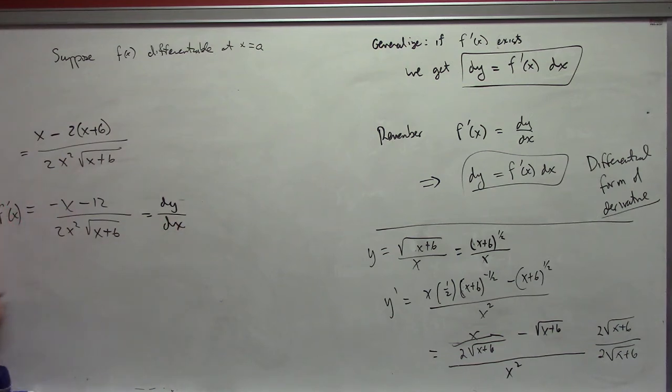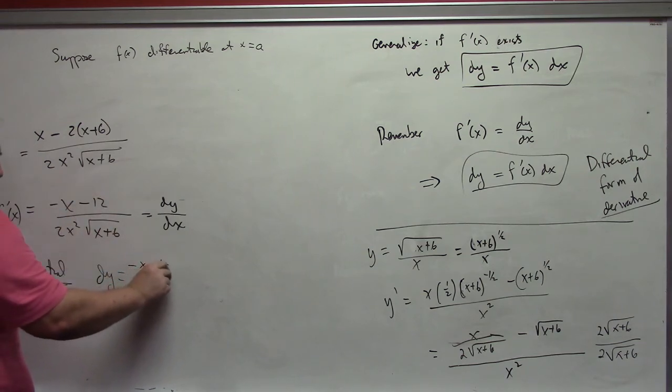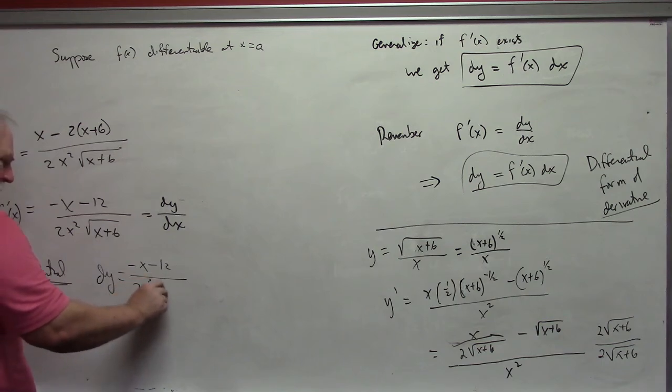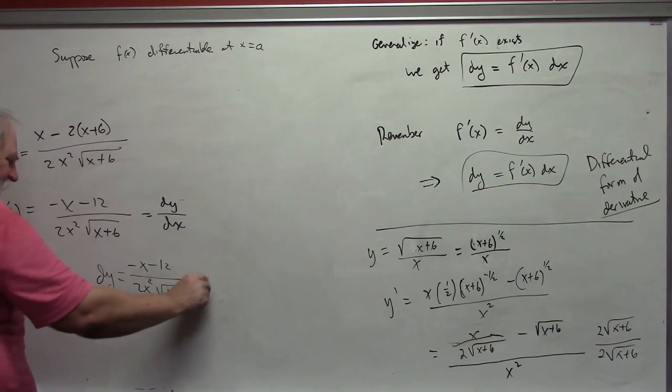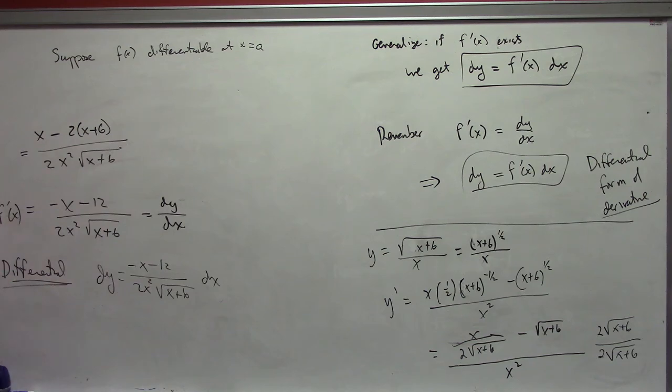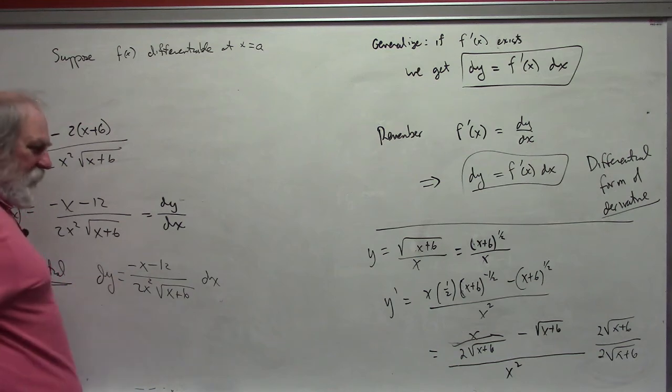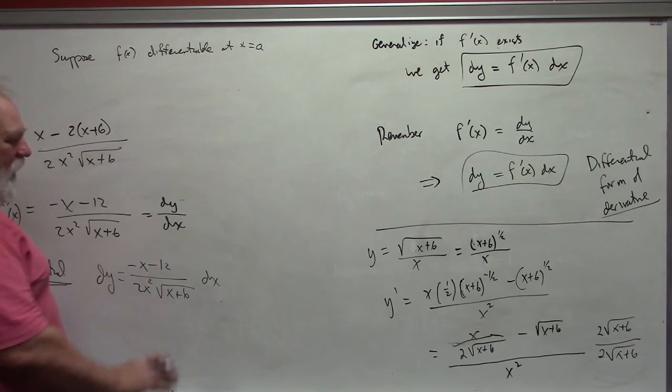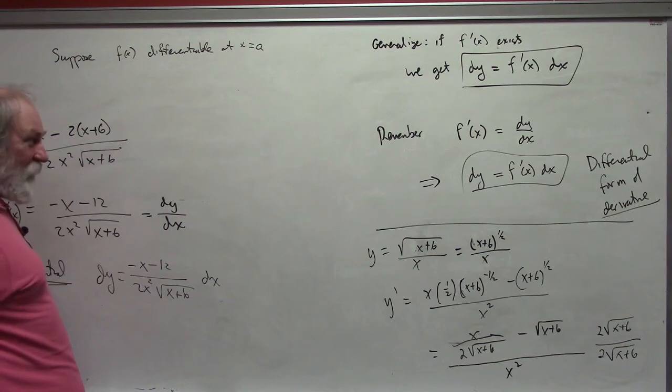And so therefore the differential form would be dy is equal to this function all times dx. We can basically look at this as what happens to my dy value when I put in a small dx value.